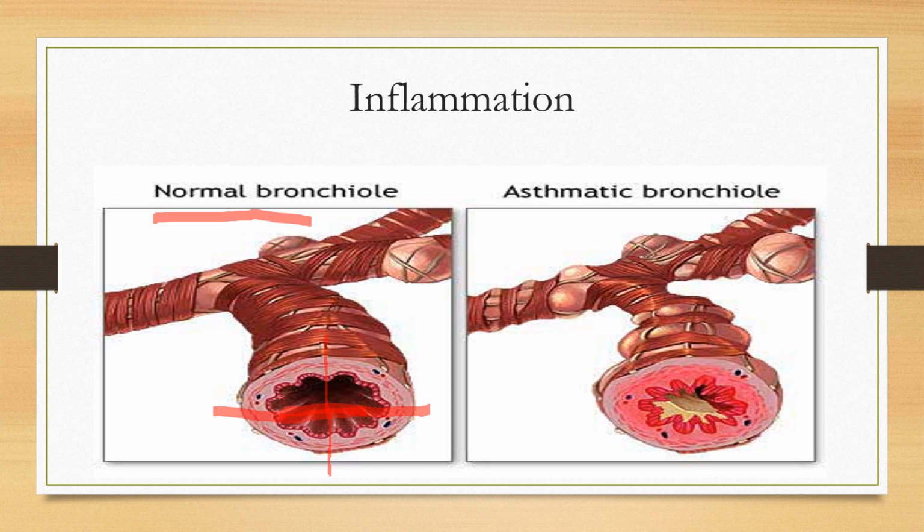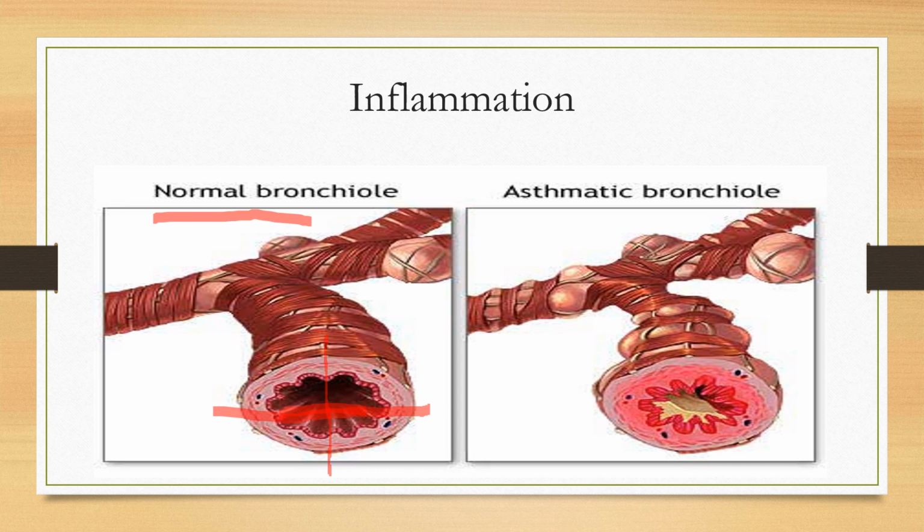Now, let's go over to the one on the right-hand side. The pathophysiology of asthma involves the infiltration of inflammatory cells into the airway. These include neutrophils, eosinophils, and lymphocytes, and all of these activate the mast cells, which causes epithelial damage.